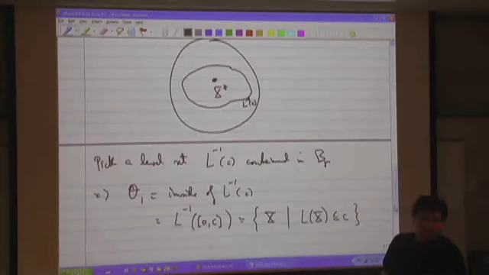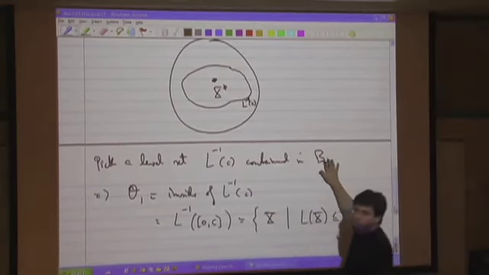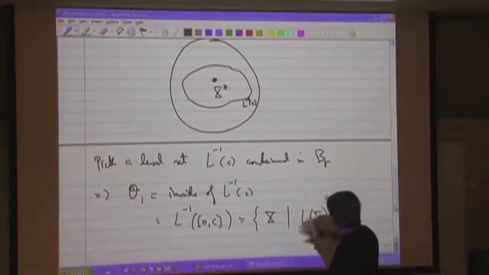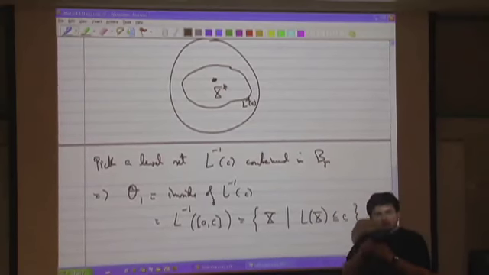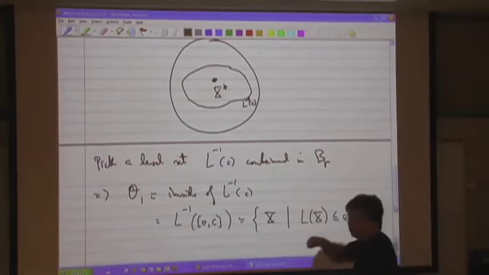You agree that's a neighborhood? Can it be equal? Yes, also equal. It would be a closed neighborhood, including the boundary. But even the boundary is included in this BR, so that's okay. This is going to be the neighborhood where I allow initial conditions to be picked.